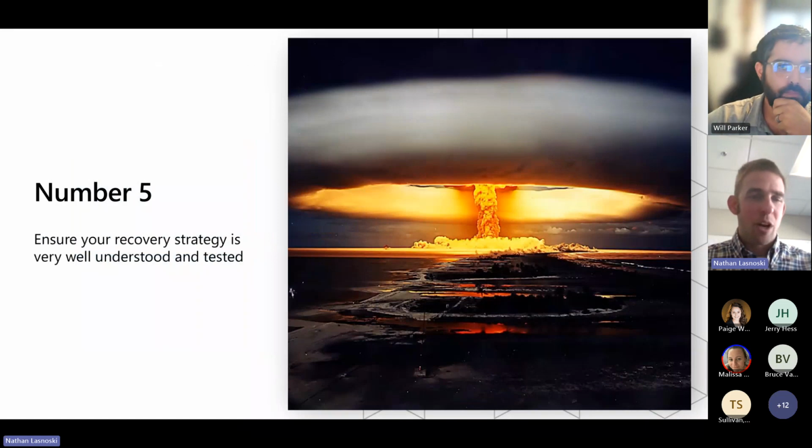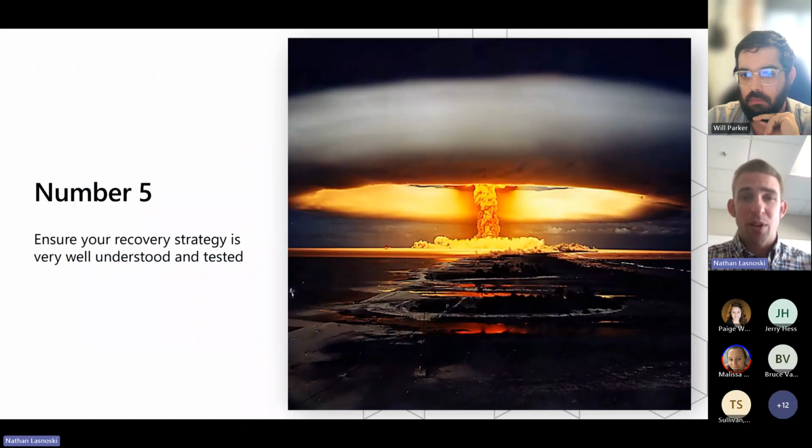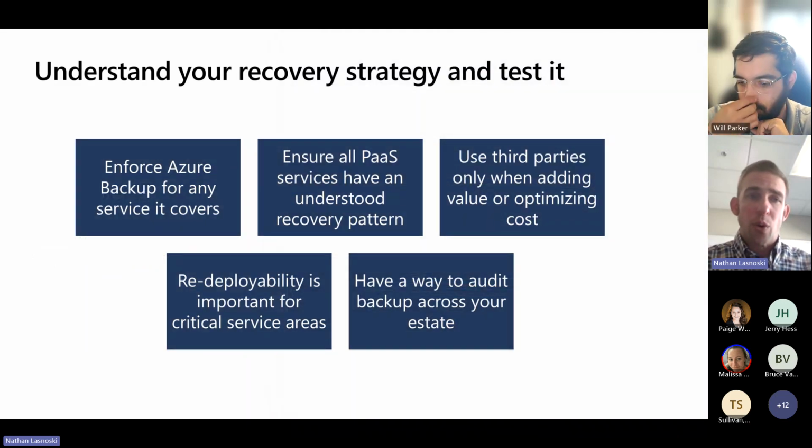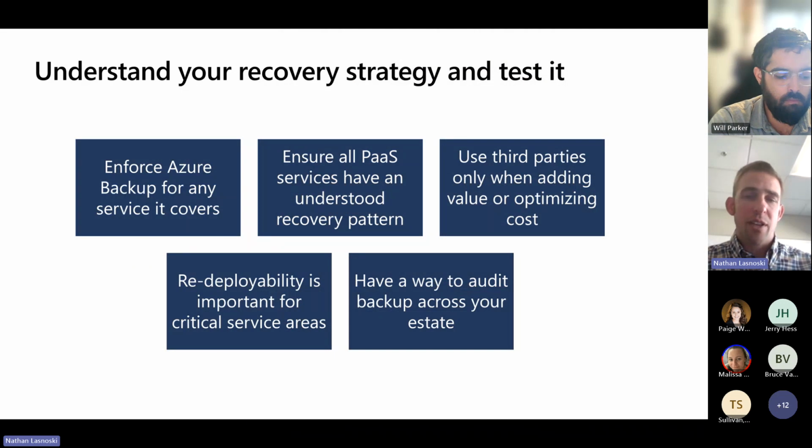All right, recovery strategy. Many organizations are in a position where they don't know how to recover the Azure environment, if it was deployed well in the first place or not. So enforcing Azure Backup for any service it covers. It doesn't cover everything, because there are certain ones that are SaaS-enabled backups, like Cosmos DB, for example.